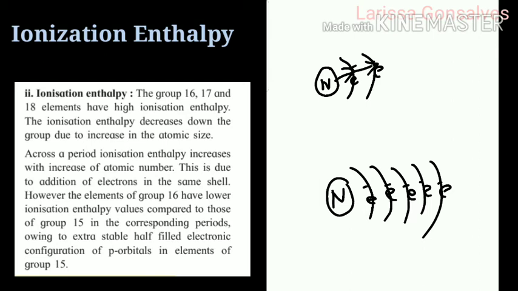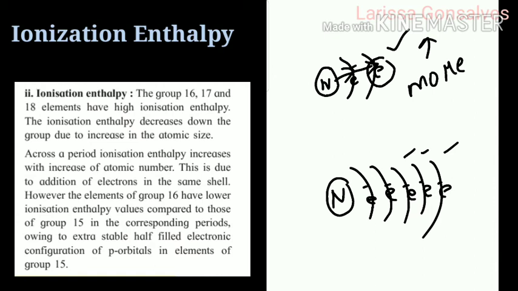I told you as the number of shells increases, the nucleus won't be able to reach out to these electrons, right? Now if I want to remove this electron here, of course I have to apply more energy because it is more strongly attracted to the nucleus.